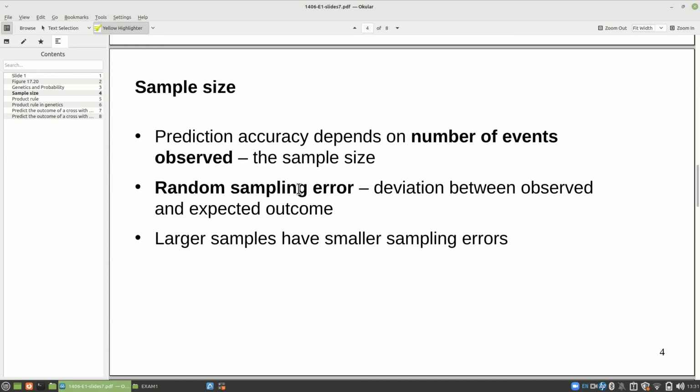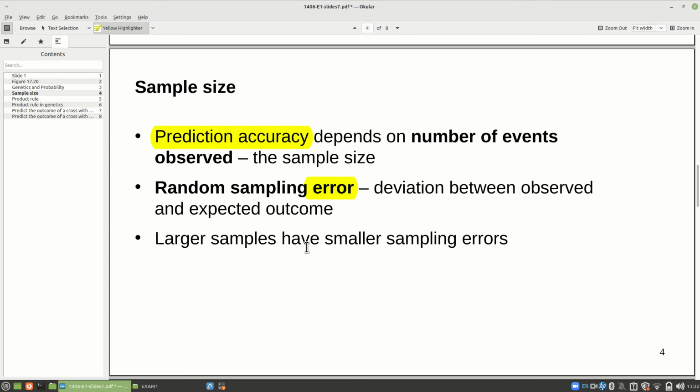If I were to ask you a question here, what does increasing the sample size do? Well, it reduces error and it improves the accuracy. So the accuracy of your prediction improves, and it also reduces the amount of error.